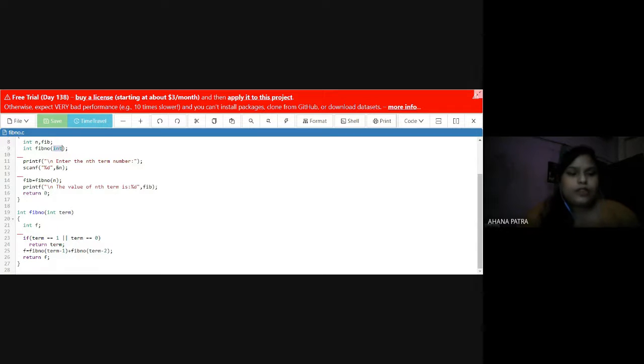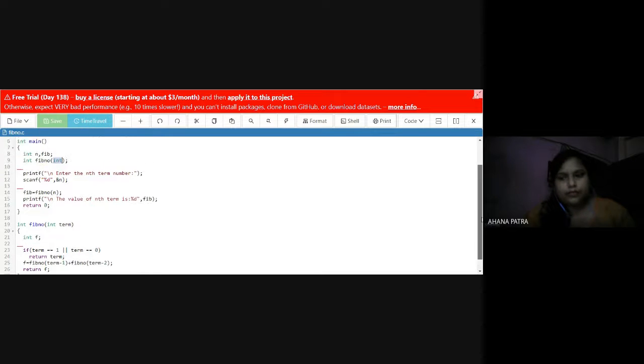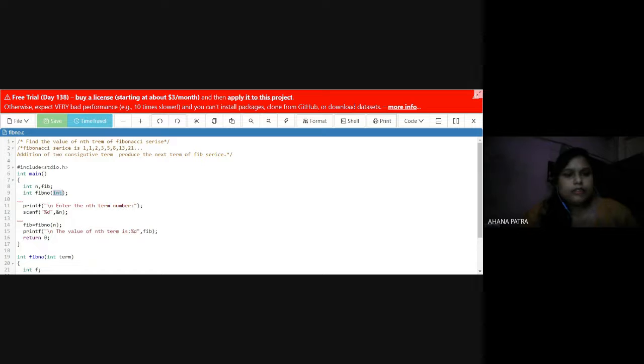So here in the Fibonacci series, when the term is 1, it must return 1, and if the term is 0, it also returns 1. When the second term is there, it also returns 1.